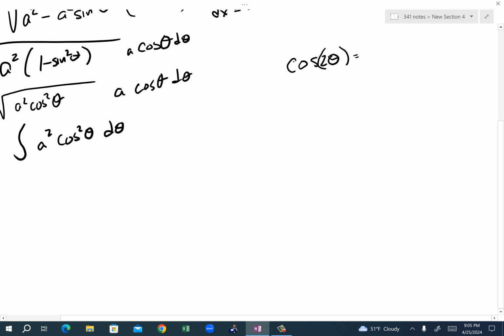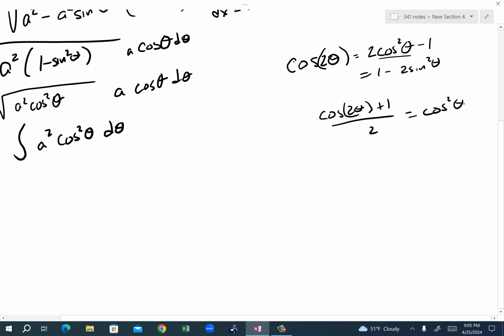One we're not going to use, but it can be written as 2 cosine squared theta minus 1, or as 1 minus 2 sine squared theta. Looking at the top one, if I solve for cosine squared, I get cosine of 2 theta plus 1 all over 2.